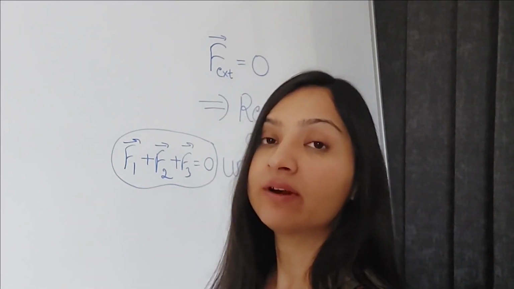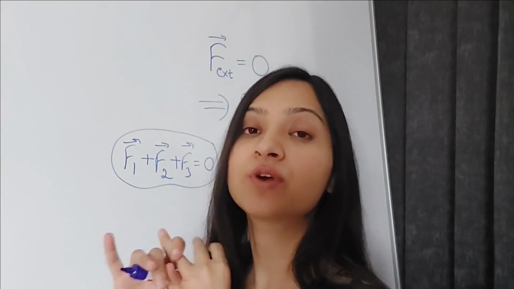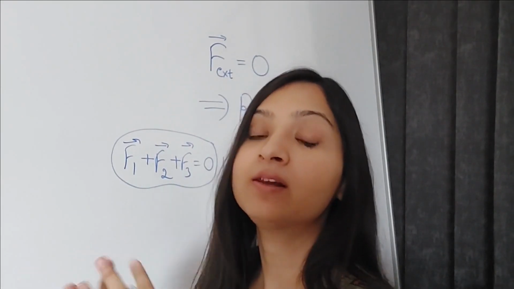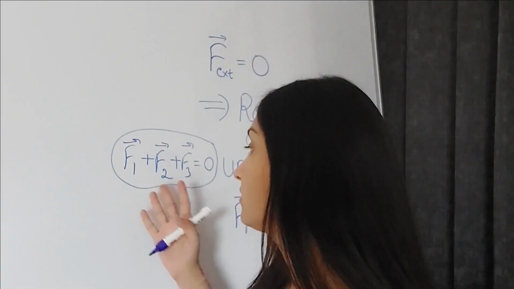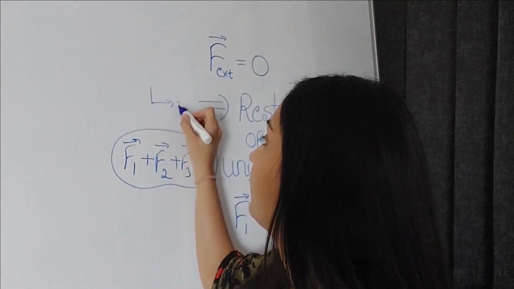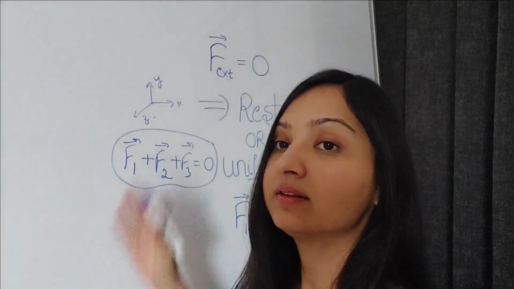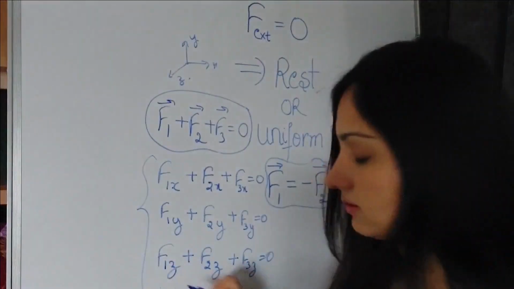Force is a vector, so they have direction, magnitude, and they add according to triangle law of addition, or the parallelogram law of addition, whichever you understand. So what does this mean? So if I have x, y and z directions, this coordinate system, this means this.